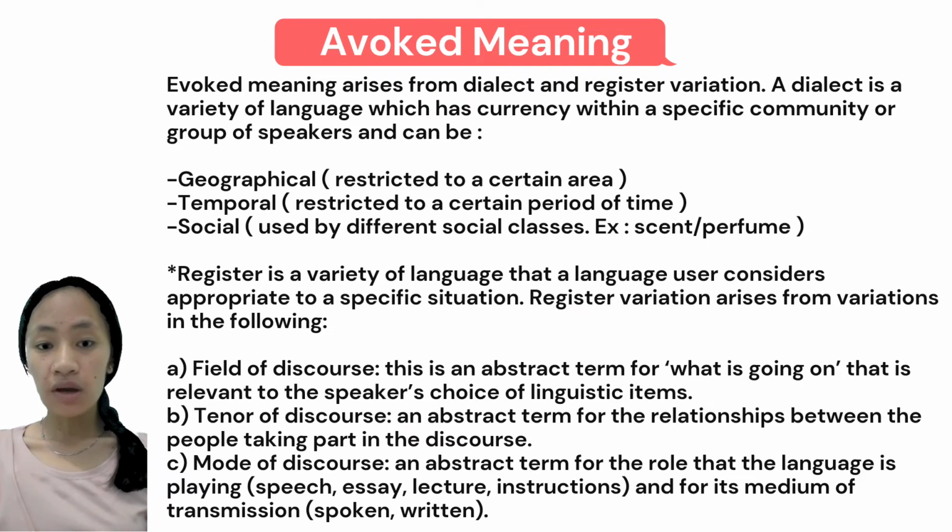C is mode of discourse, an abstract term for the role that the language is playing, like speech, essay, lecture, and instruction. And its medium for translation, that is spoken or written.